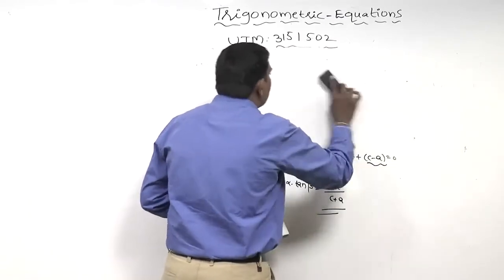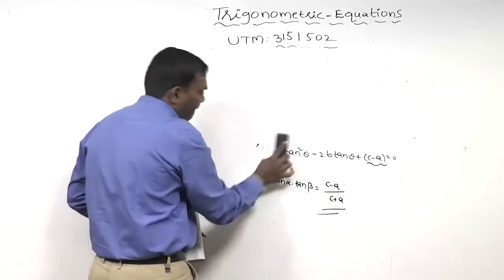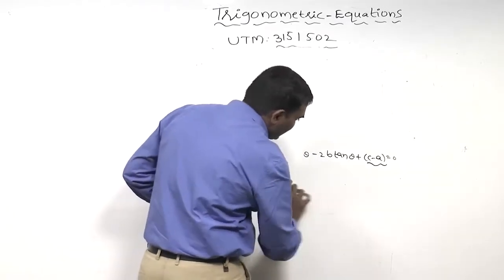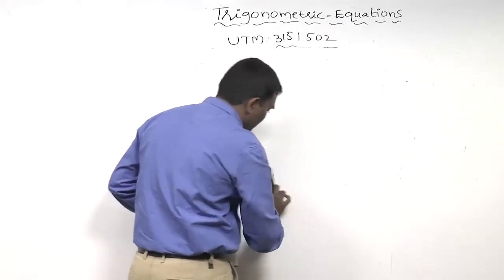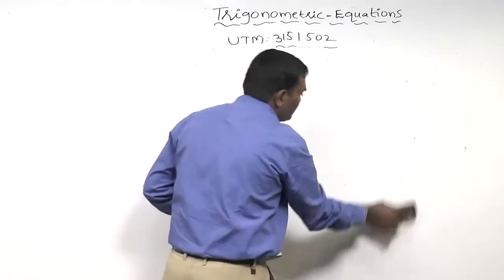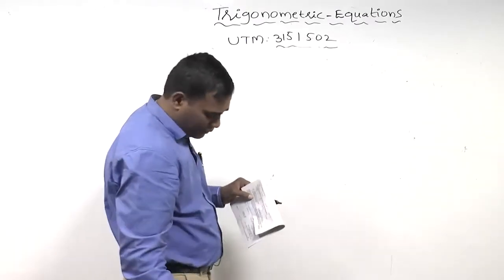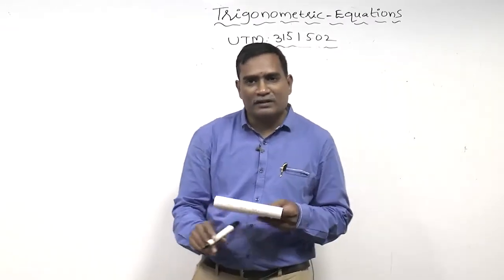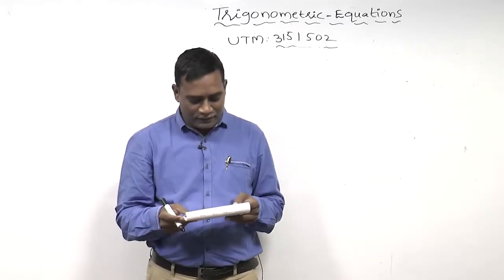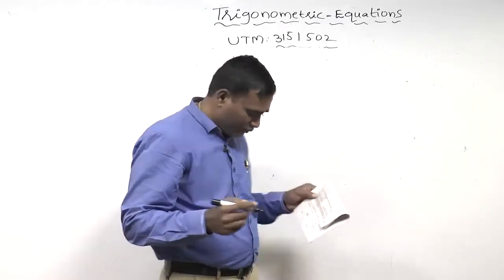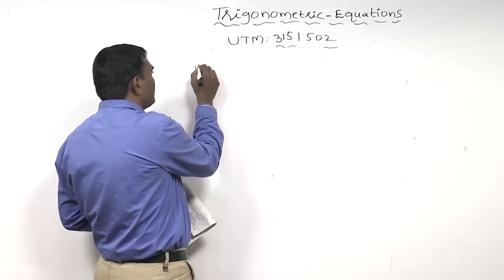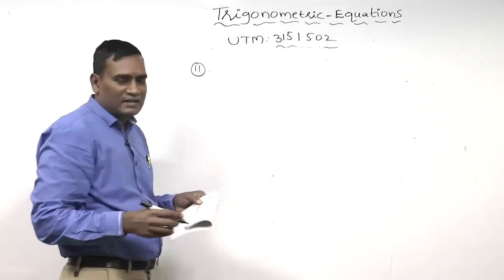By observing, we can say, you try once. On the right side, what is there? 3 plus something. What is the maximum value of sine? 1. I think it is not possible. Okay, we will see. Not possible means no solution is the correct answer.